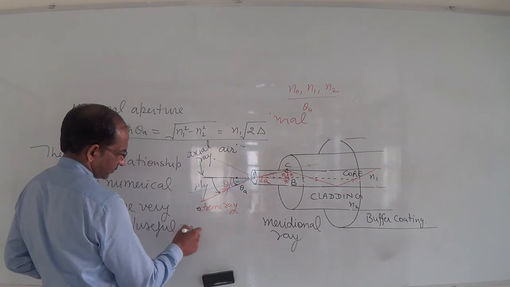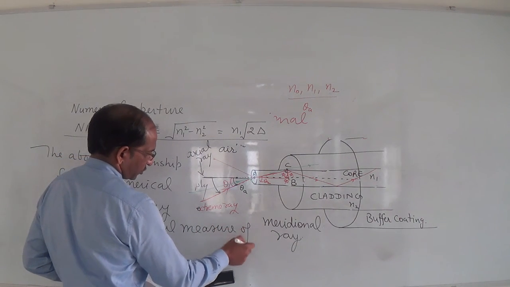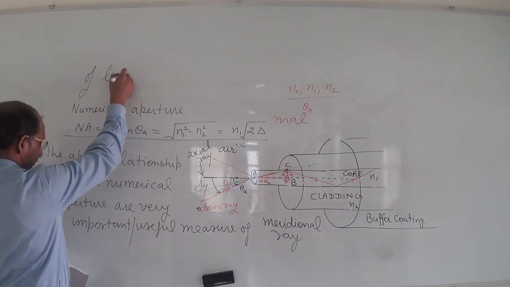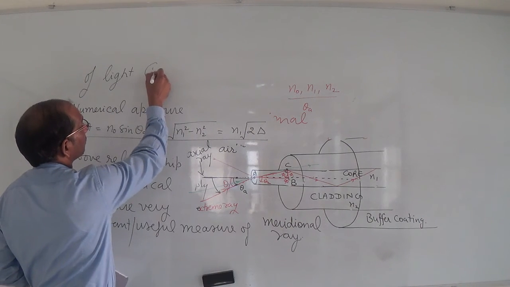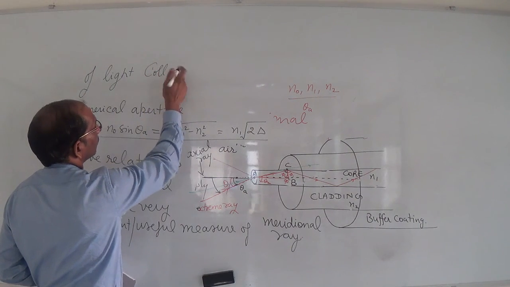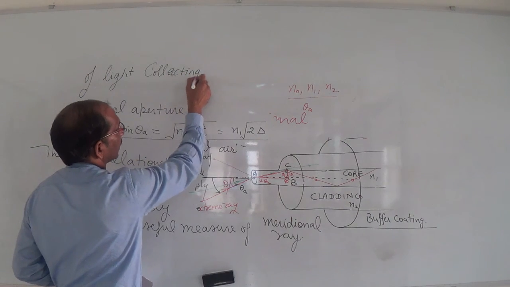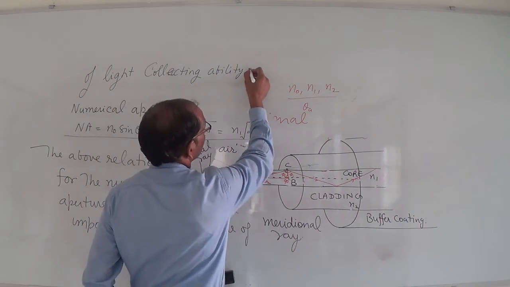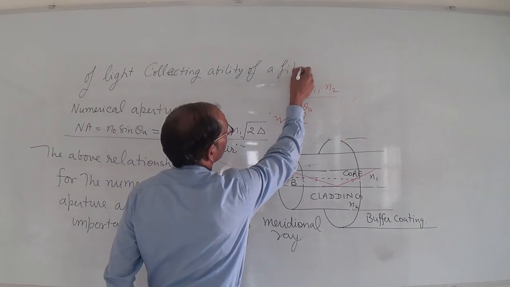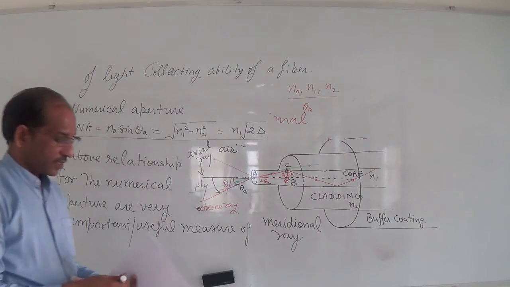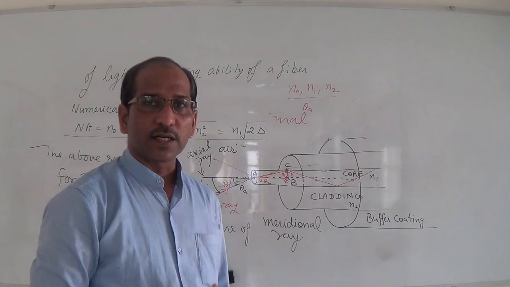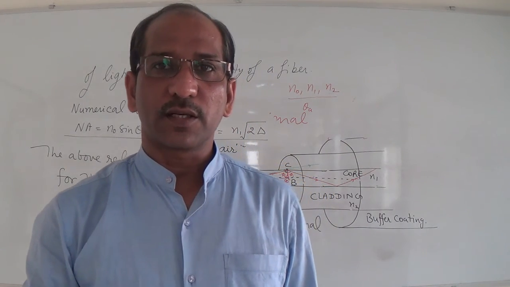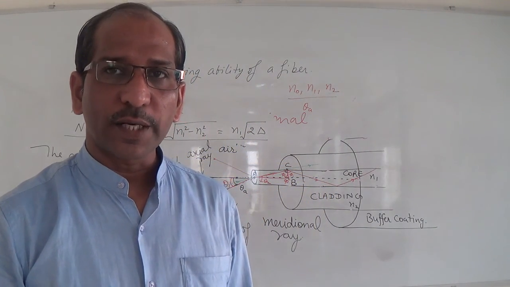It is a useful measure of the light collecting ability of a fiber. So generally we define the numerical aperture in terms of the light collecting ability, or light gathering ability, of an optical fiber.